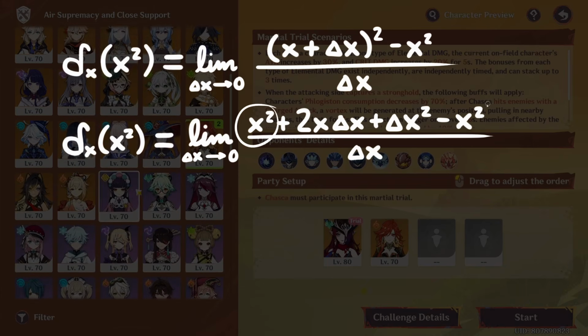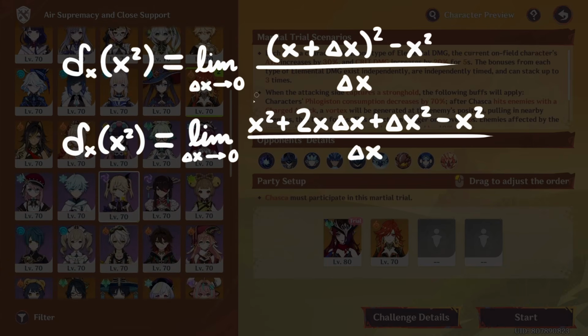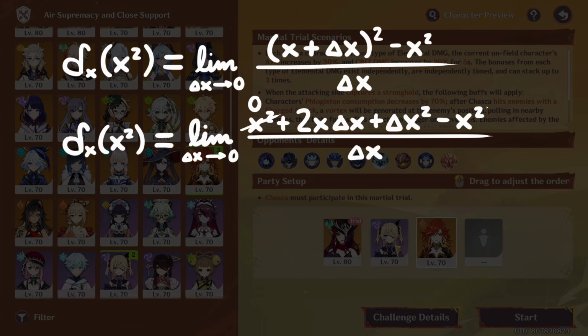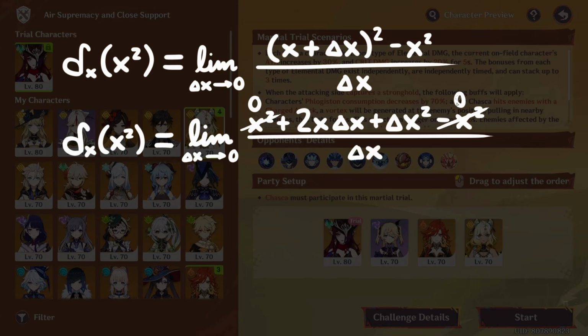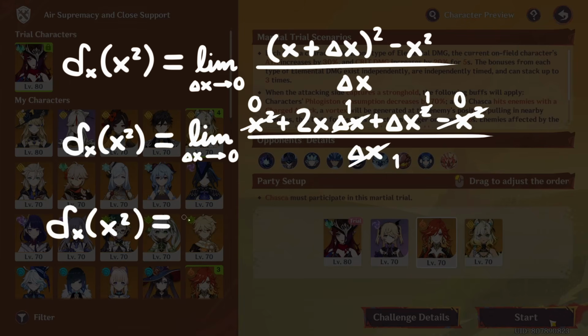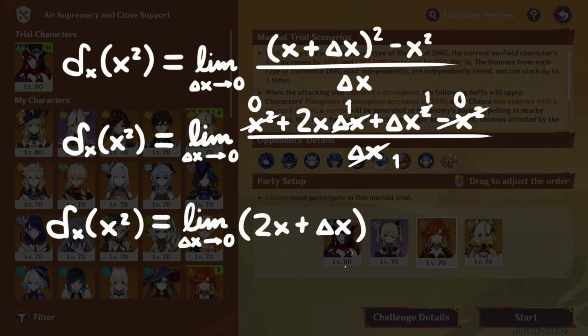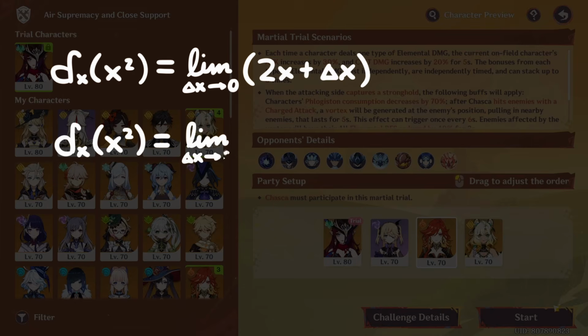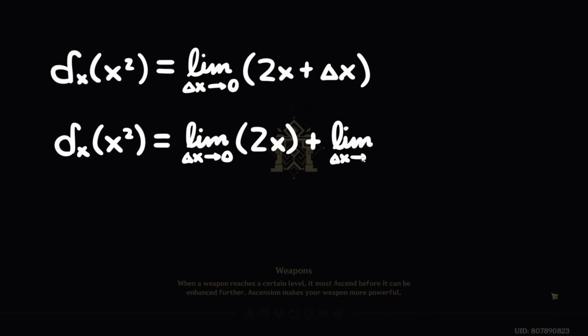Second, notice that there's an x squared and a minus x squared in the numerator, so those can be cancelled out to 0. Third, we can divide the delta x. And lastly, we can take the limit, which results in 2x.